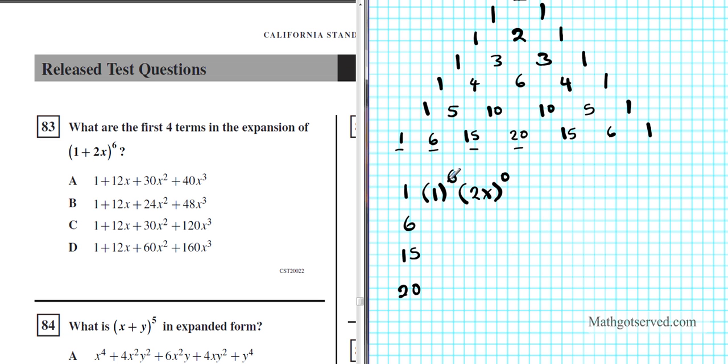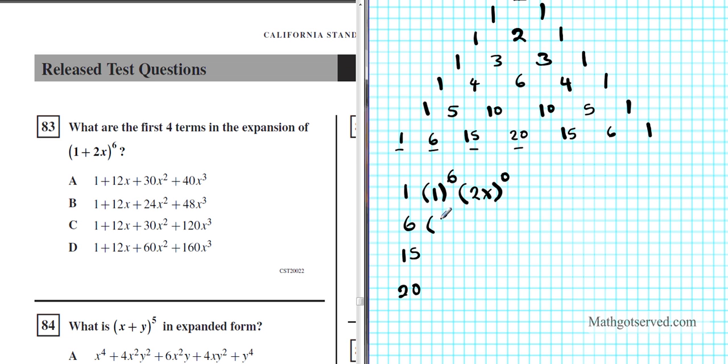So 1 has the highest power, and 2x has 0. And then the powers switch. The power of 1, since it has everything, is going to start going down, and the power of 2x, since it has nothing, is going to start coming up. Remember, the powers always have to add up to 6, because that's the power that we're aiming for.